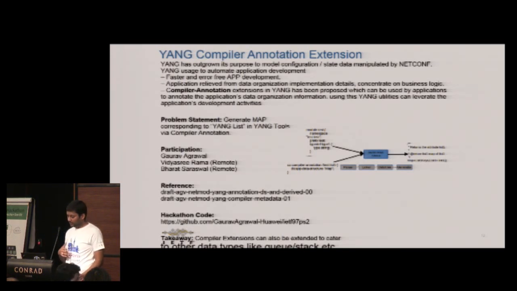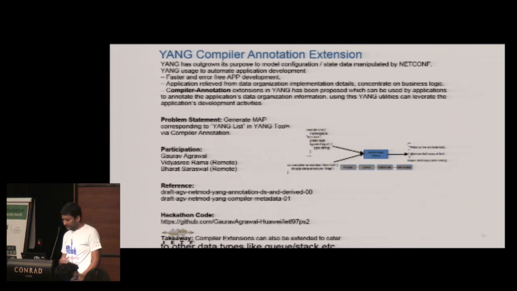With that perspective, we need something extra to instruct a compiler to do something extra. So for that, the compiler annotation makes a lot of sense. Using the compiler annotation, during the last hackathon also, we had given some hackathon problem statements. This time also, we have extended the same for this particular purpose.